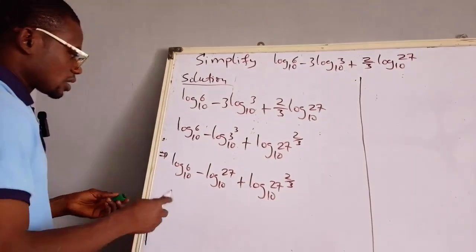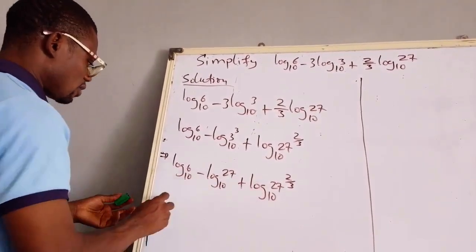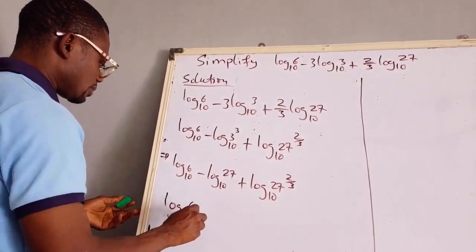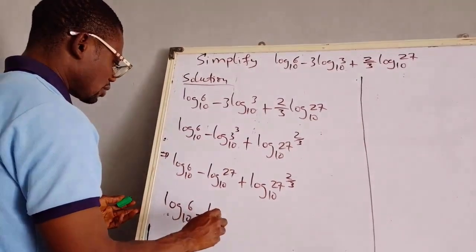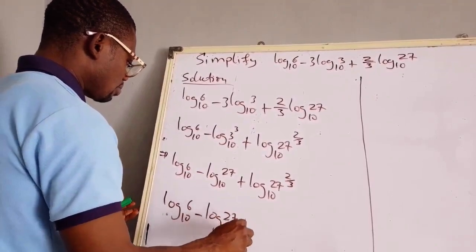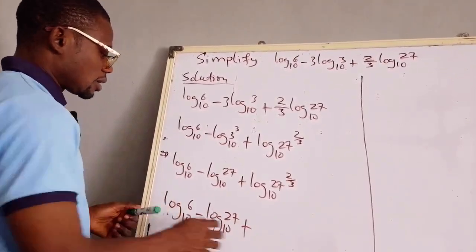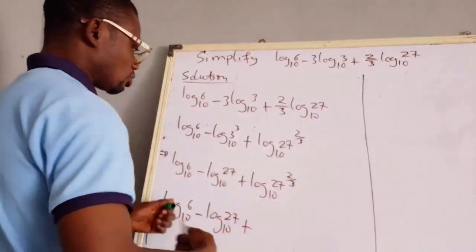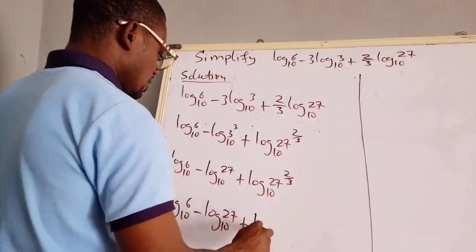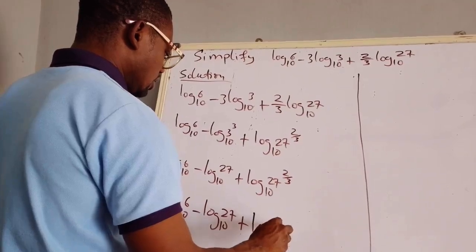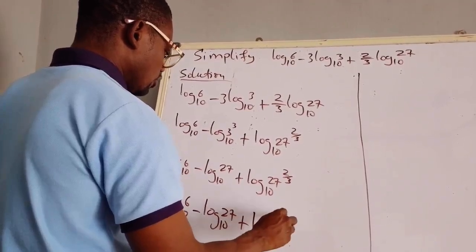So let's see how we can reduce that. Log 27 base 10 is the same thing as 3 to the power 3, right?